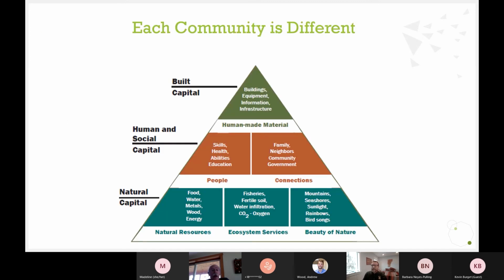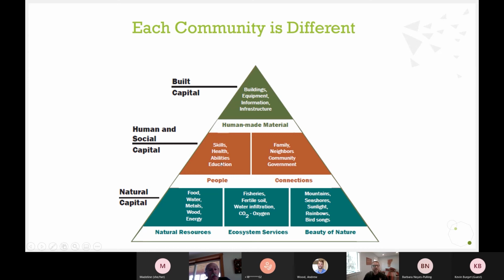Last piece here in terms of starting a CC, or one of the last pieces, is understanding how different every community is. I really like showing this because it talks about the ingredients in the recipe that is a community. One of the ingredients here is the built capital: the buildings, the infrastructure, the equipment, all the human-made material that a town has.